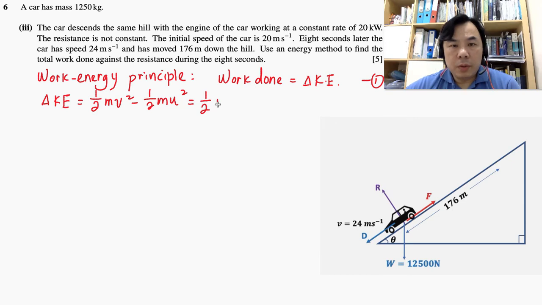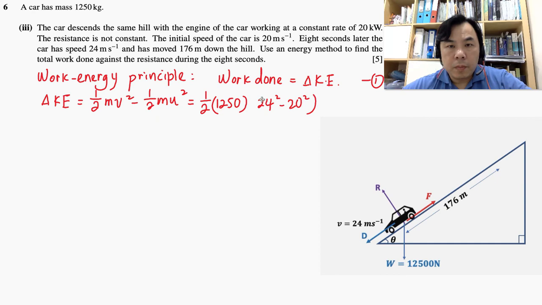We can use factorization here. The initial speed is 20, the final speed is 24. Let me see what we have here: 625, and then 44, and then a 4 here.